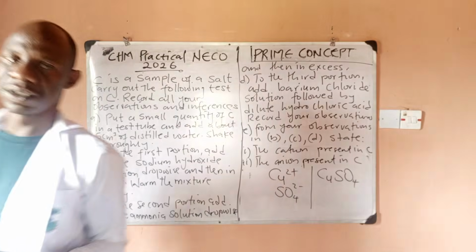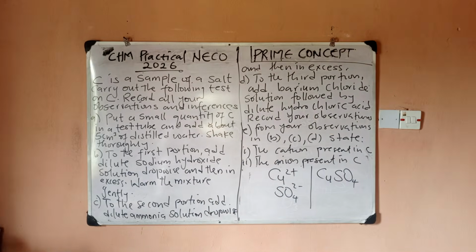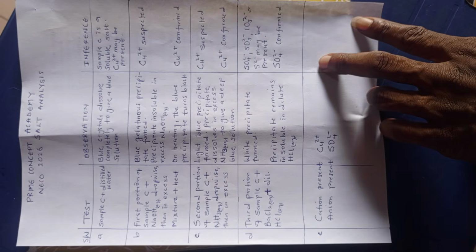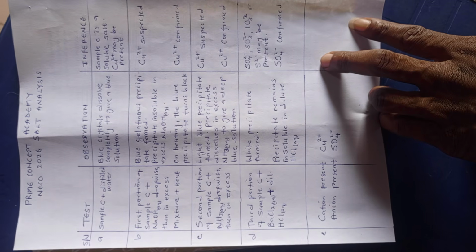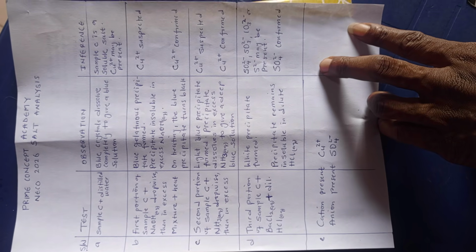So let me do the reports. All right, so this is your table. So just follow this, and then this is how you're going to record from the experiments we have done. I just decided to do it this way so that you would follow this exact step and make your recordings. So you can see the first one, sample C plus distilled water.